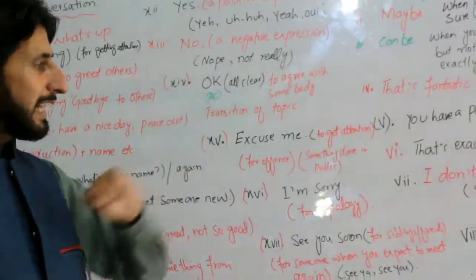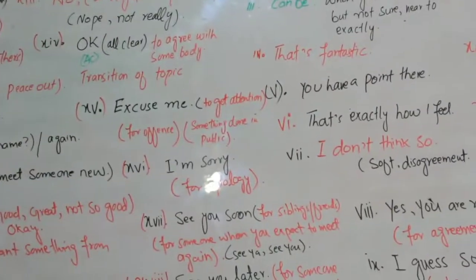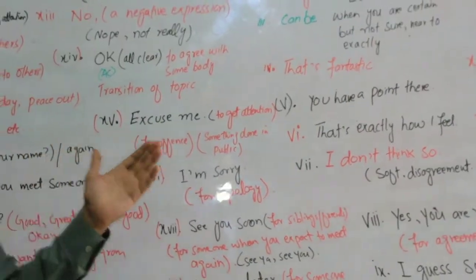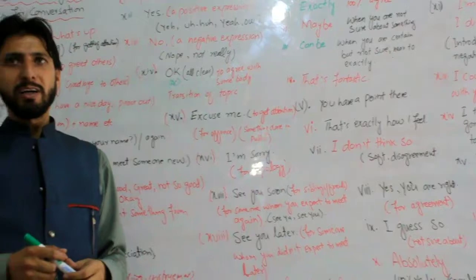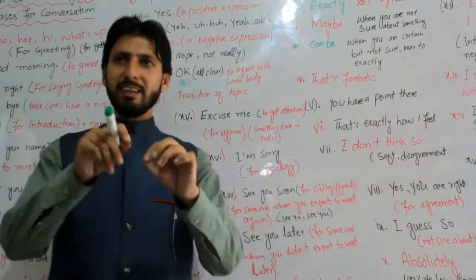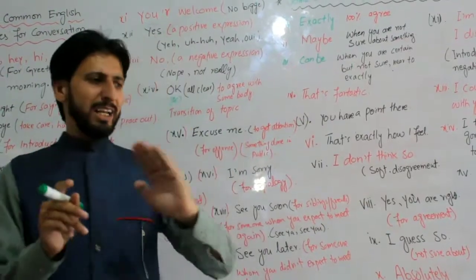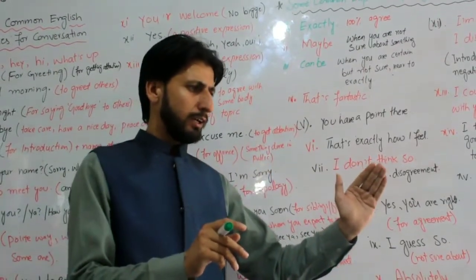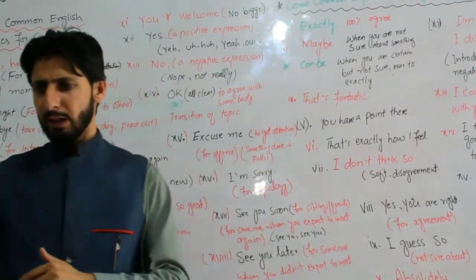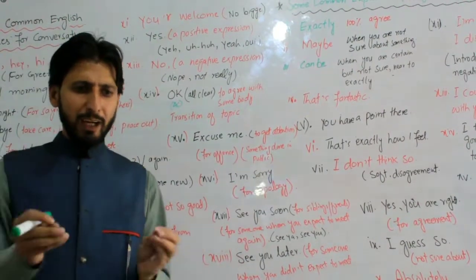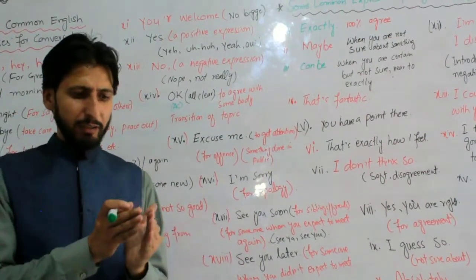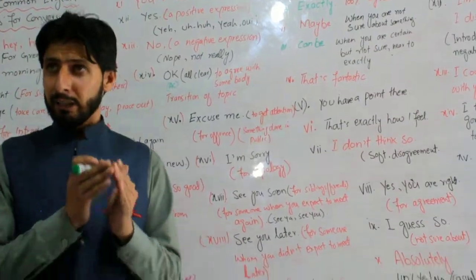So next is, you have a point there. This is another conversation. Two people are conversating with each other, and one is saying a different opinion, another is giving his opinion, and while talking to each other, they disagree at every point.